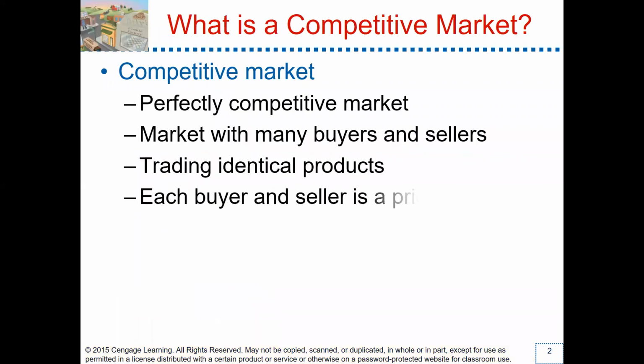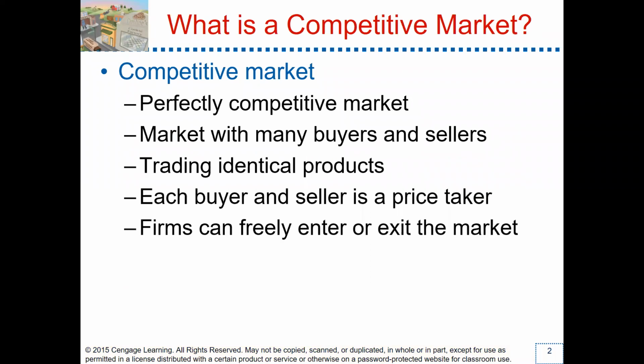So what is the competitive market actually itself? Competitive market is the market that has a perfectly competitive manner, and it has many buyers and sellers, where the sellers trade identical products.